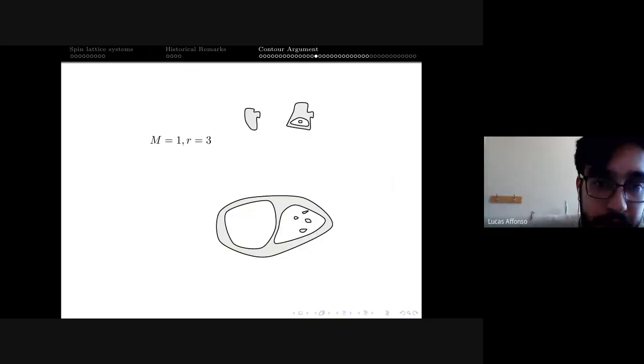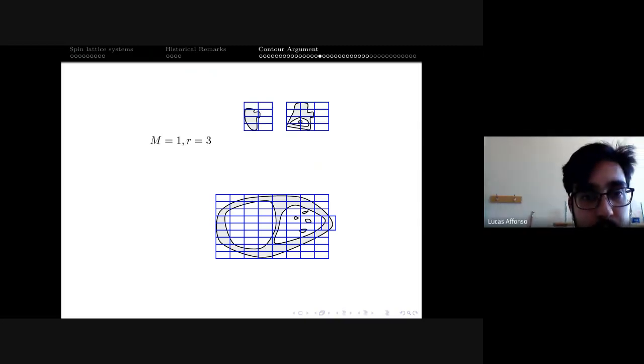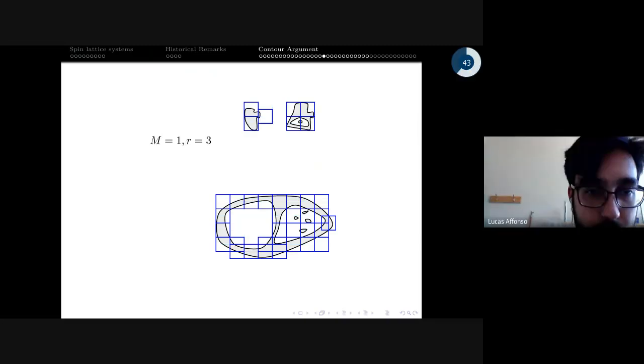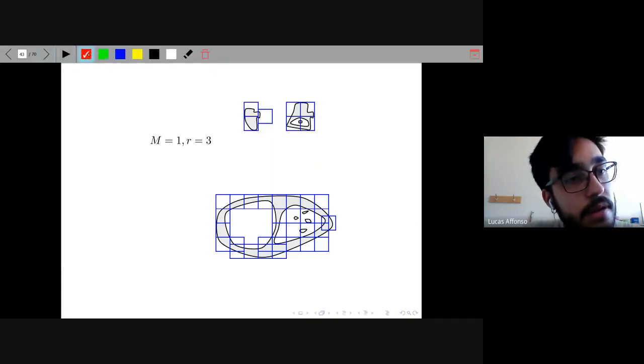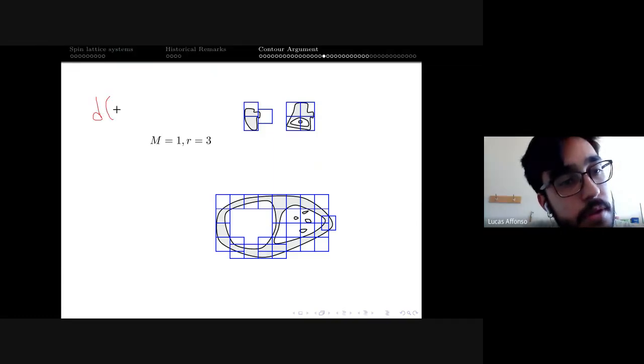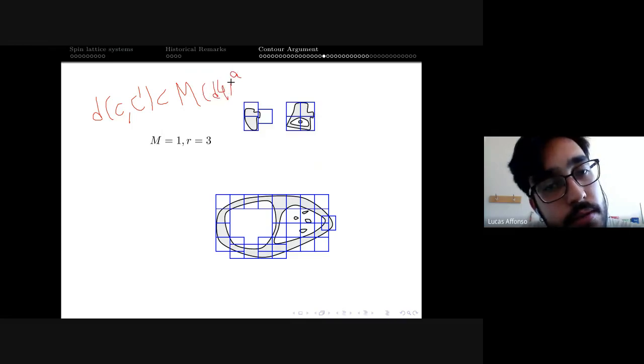And then you go to the next scale. In the next scale, you now cover the remaining sets with cubes of side length 4. You take the minimal cover. And again, now I will use red. These cubes are close if their distance is less than m times d4 to the a.